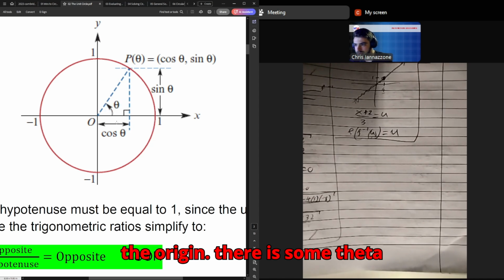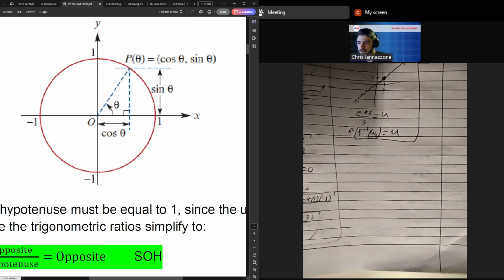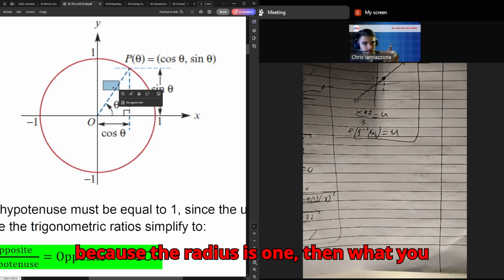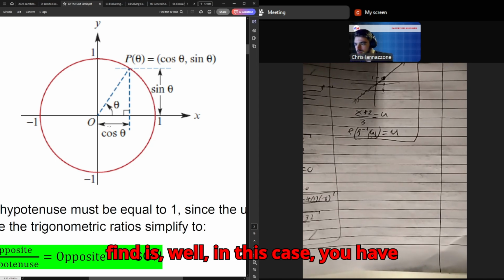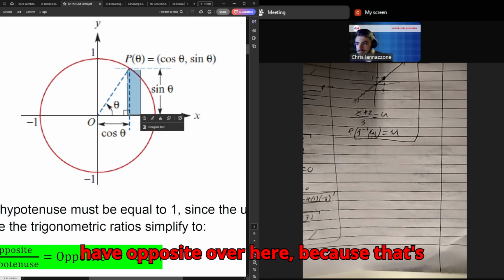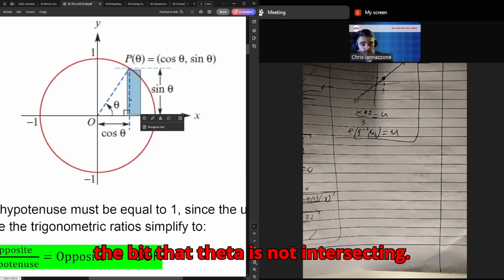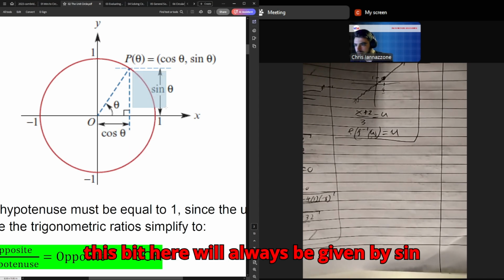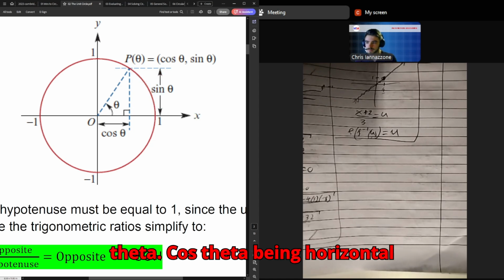There is some theta that will be involved with that angle, and if you recognize that the hypotenuse is 1 in this case because the radius is 1, then what you find is, in this case you have adjacent here because that's the bit that intersects theta, and you have opposite over here because that's the bit that theta is not intersecting. And what you'll find is that this bit here will always be given by cos theta, and this bit here will always be given by sine theta.